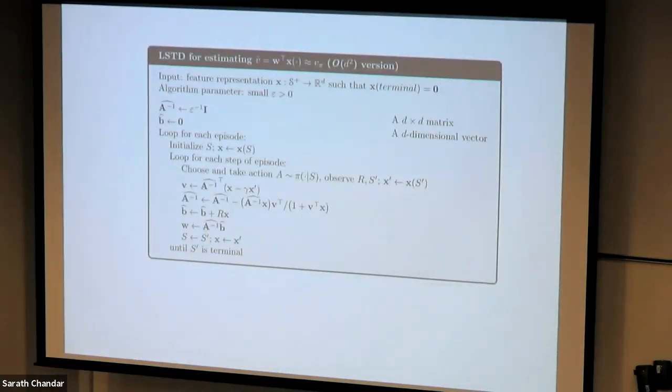You basically start with some estimate for A inverse, and you start with some B, and every time step you take an action, okay, and you just compute this update equation, which looks complex, but it is very easy to implement, and you continue this, and you're going to converge to the value function. Is that clear? Any questions so far?